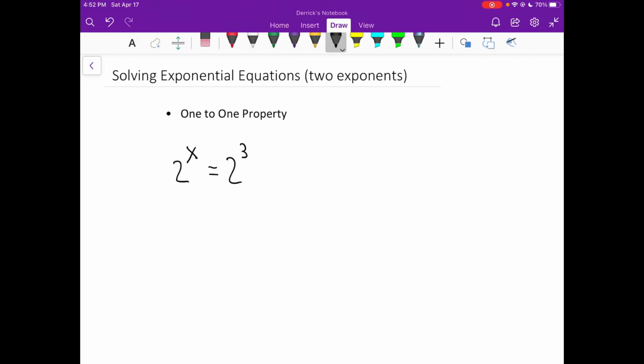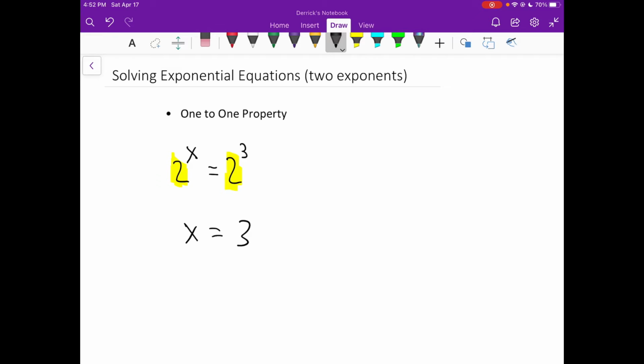What it says is, if we have a single term on each side of the equation, and their bases are equivalent to each other, then we can simply set the exponents equal to each other, which would be how we show that x equals 3 in this case. That truly is all the one-to-one property is.